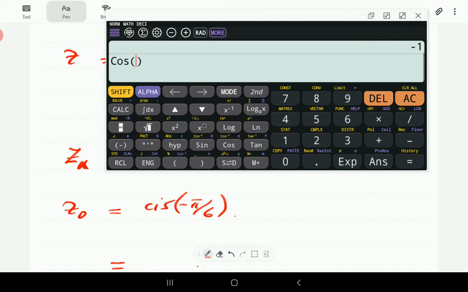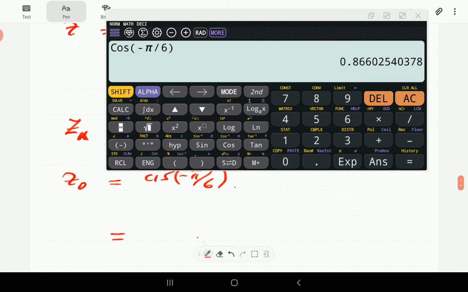Then we do cosine of negative pi/6, which is square root 3 over 2.